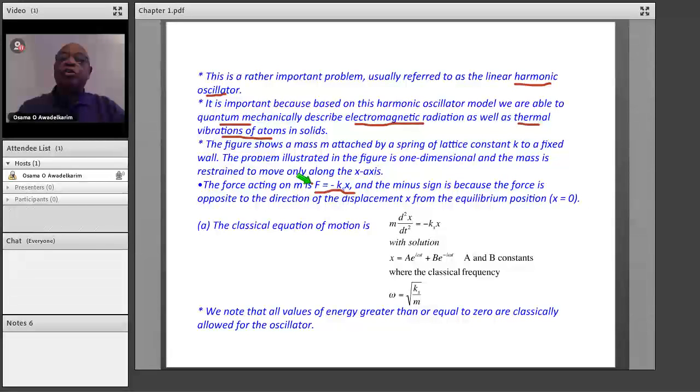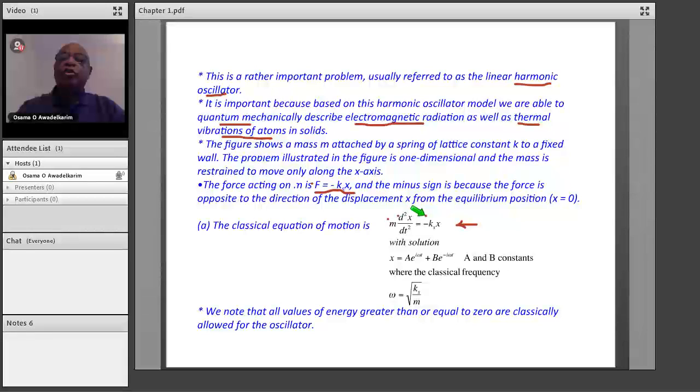So from Newton's second law, mass times acceleration, which is d squared x by dt squared, is equal to the force, which is minus ks x. So this is the classical equation of motion.